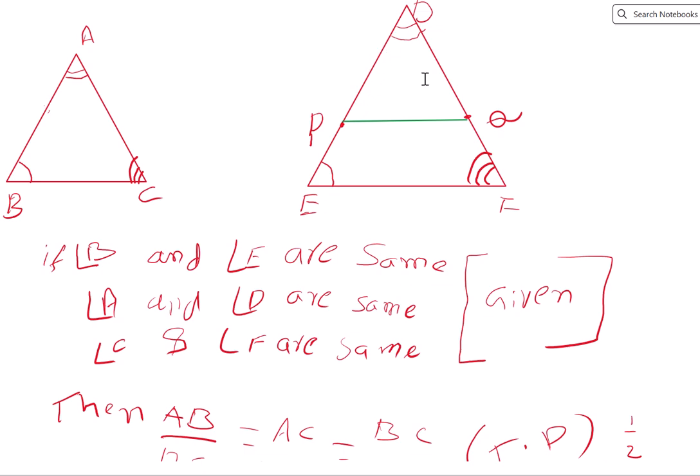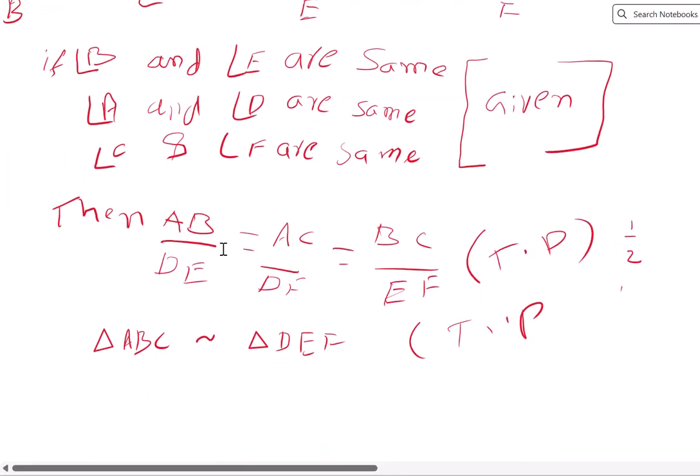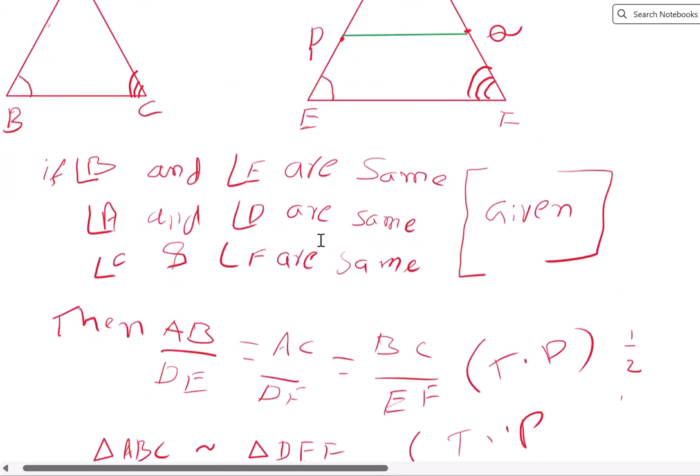That is called congruent. So for construction, we are drawing this PQ line, and we are constructing a new triangle which is congruent to ABC. This we are doing to prove what we have to prove. For that we are doing this construction.